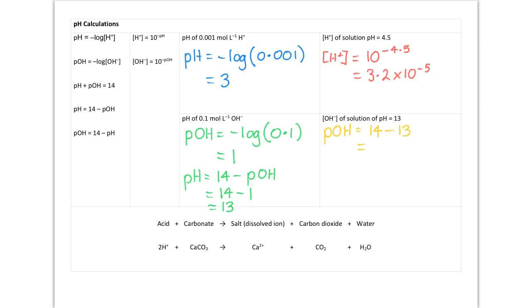So that's equal to 1. And then the concentration of hydroxide ions is equal to 10 to the minus pOH, which is equal to 10 to the minus 1, which is equal to 0.1 moles per litre. I didn't realise when I set that up that they're almost both exactly the same. I hope that doesn't cause confusion, but I think that works.